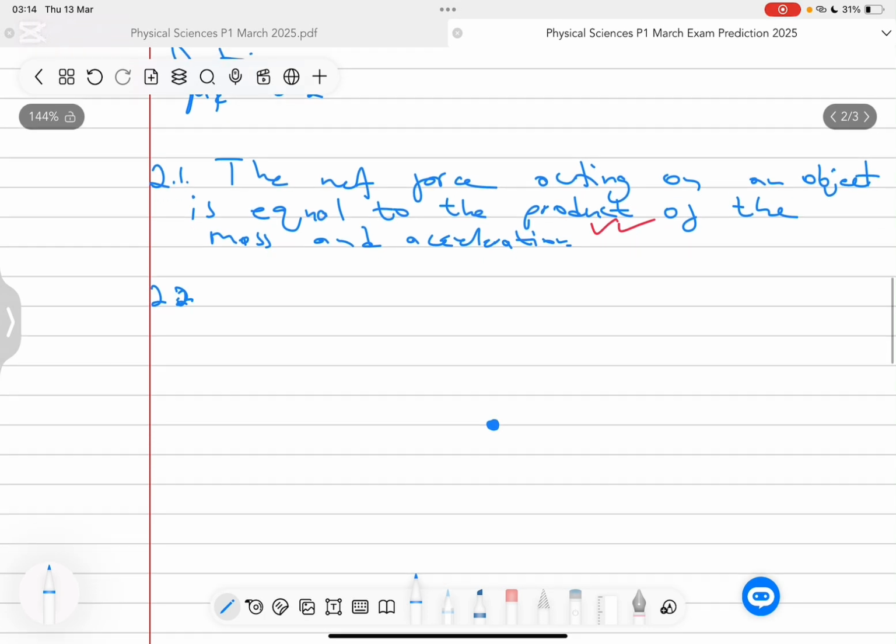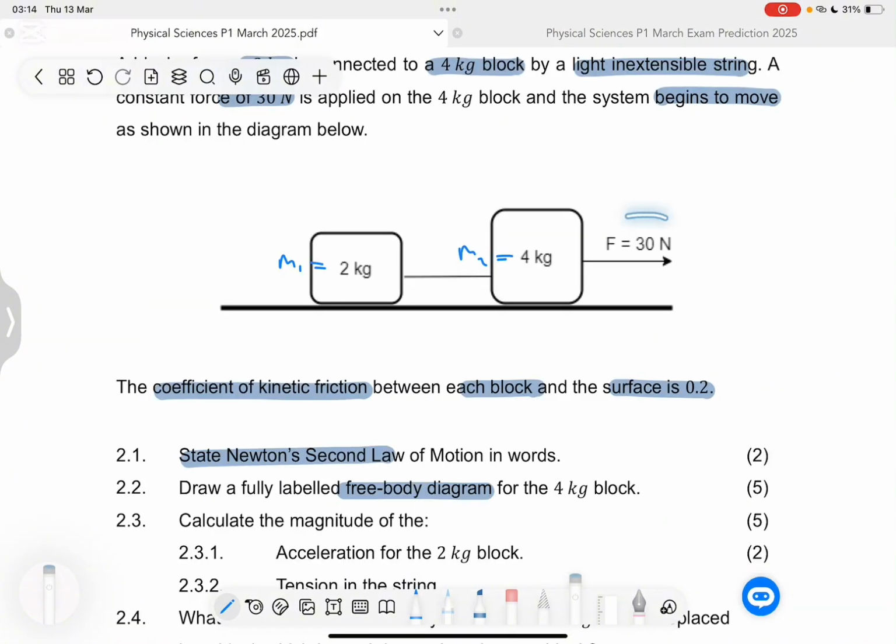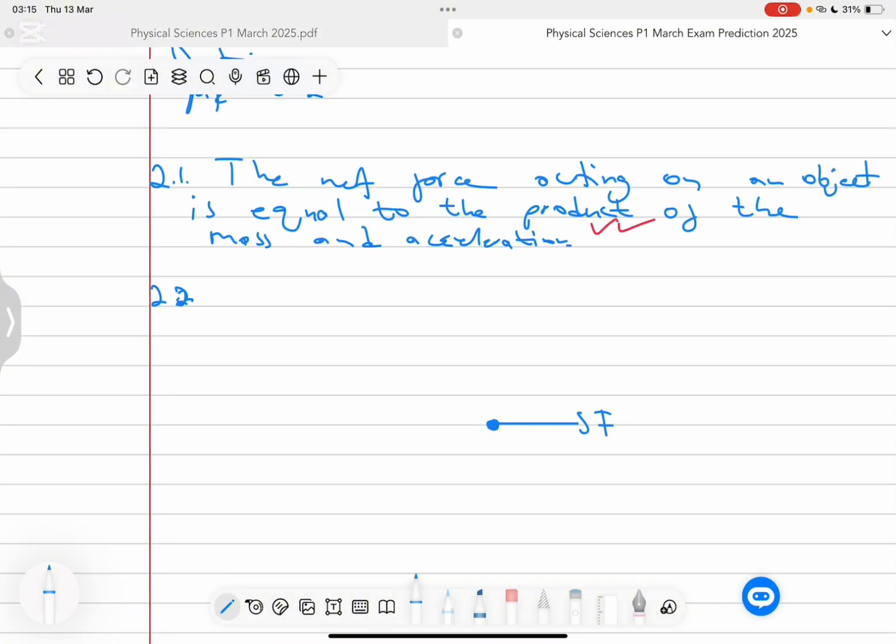I think the very first force that is clearly on the diagram is the force F, the 30 Newton force. The second force that is evident is that the string will stretch and exert a tension force. So there will be a force that we call tension force this side.